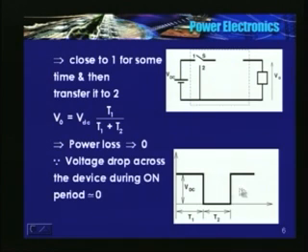Now the average value of this voltage is VDC into t1 divided by t1 plus t2. Depending upon VDC and the required value of V0, I will adjust t1.